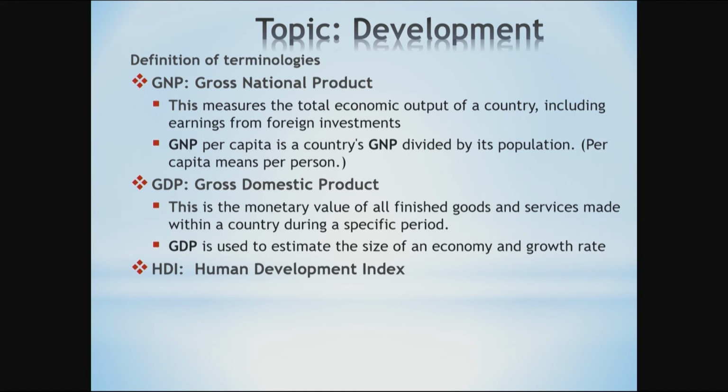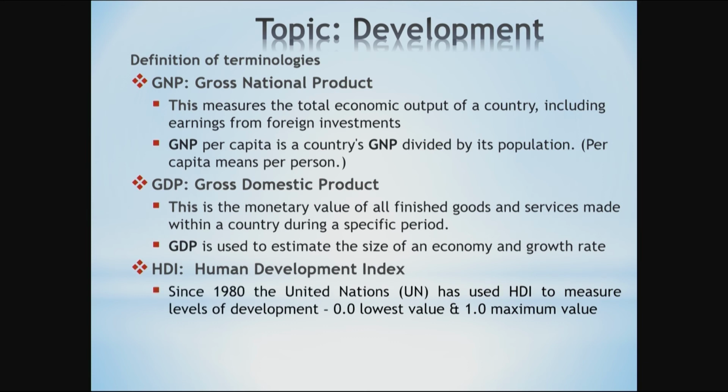And HDI. HDI means the Human Development Index. Since 1980, the United Nations, or the UN, has used HDI to measure levels of development. When we talk about the levels of development, we are talking about 0.0 on its lowest value, meaning there's almost no development, up to 1.0, which is the maximum value.